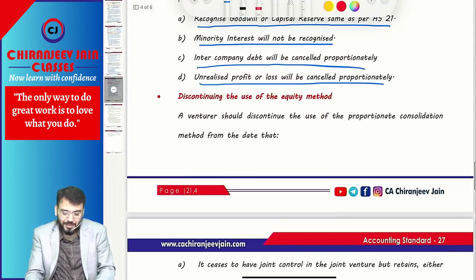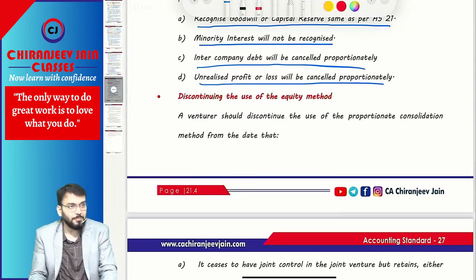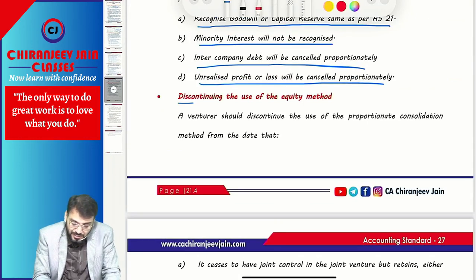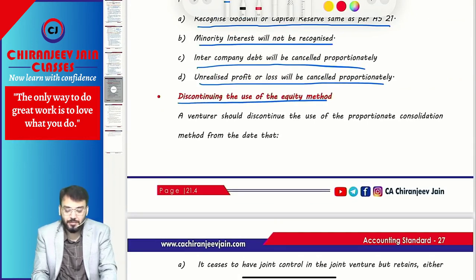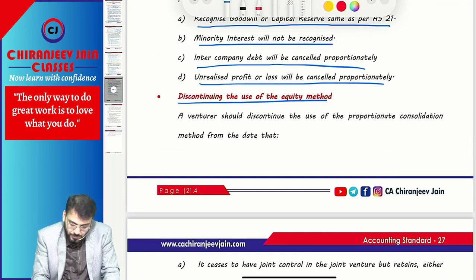Now there are some more points. Let us complete it. Discontinuing the use of proportionate consolidation method, PCM.